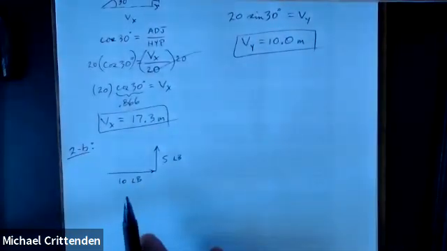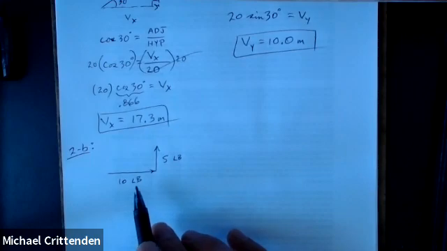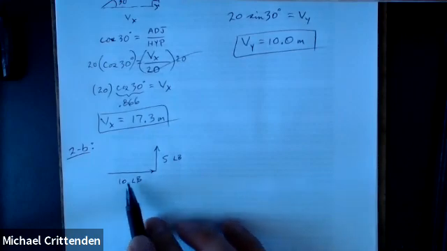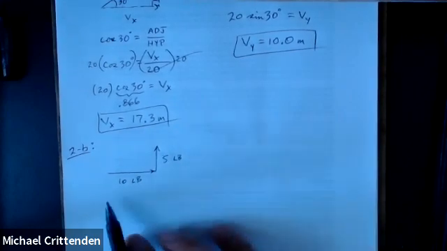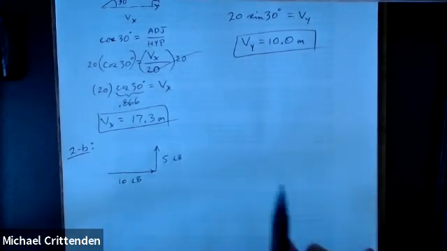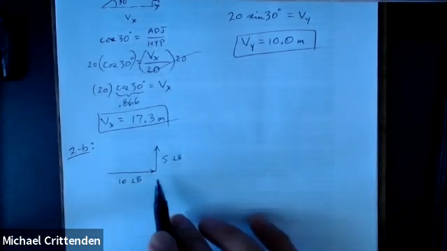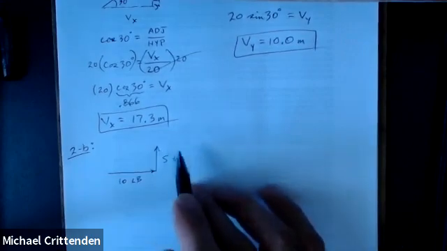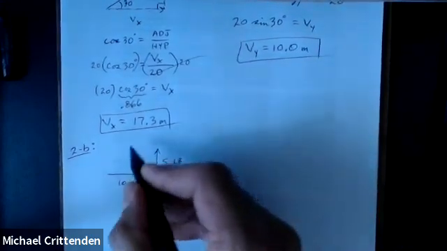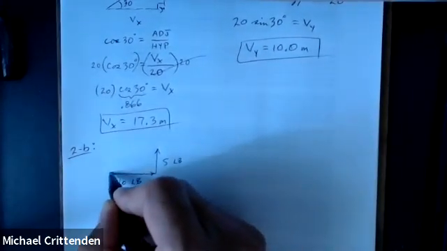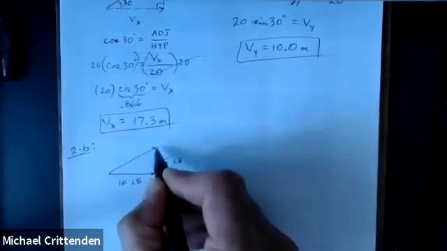So you draw that pointing in the y direction. The vector that we're looking for is the resultant, the vector sum of these components. A vector is the resultant of its components. So I lay them out head to tail and then draw the resultant from the tail of the first one to the head of the last one.